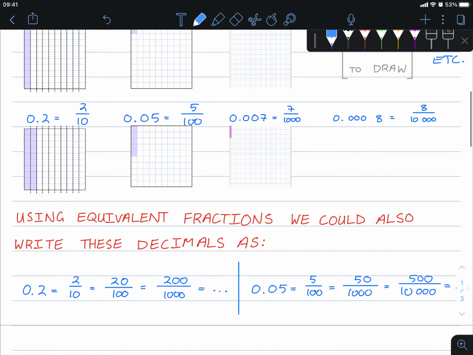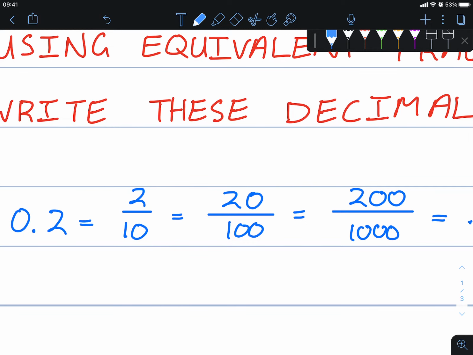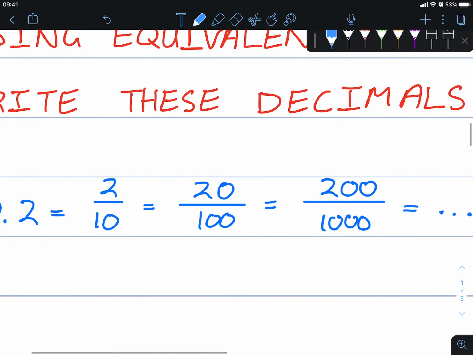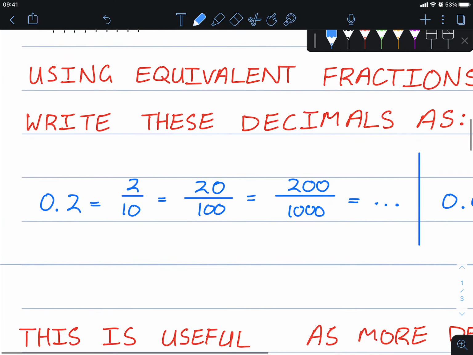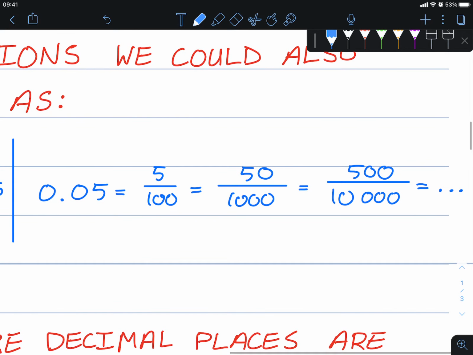So using equivalent fractions, we could also write these decimals differently. 0.2 we said was 2/10. But we could very much use magnitudes of 10 to say that it's 20/100, or 200/1000, or 2,000/10,000, and you get the idea for that. 0.05, we know that to be 5/100, or we could write it as 50/1000.